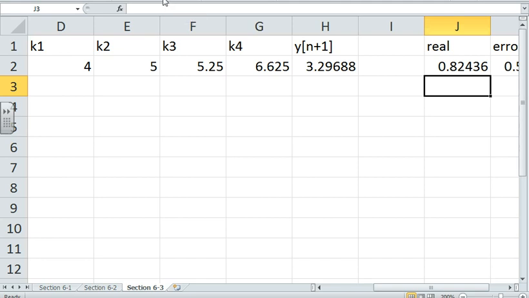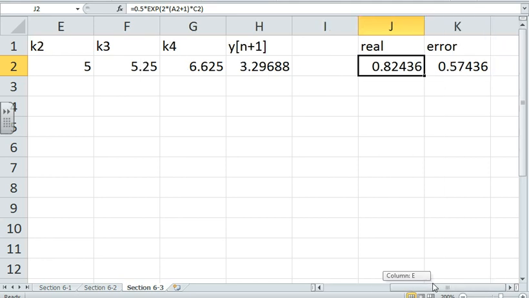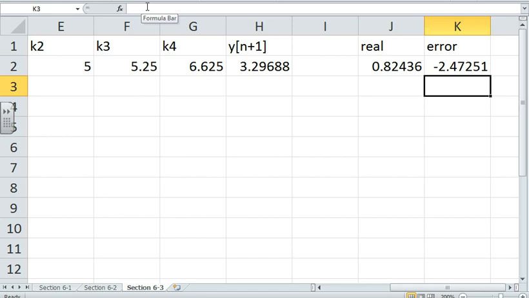That looks particularly awesomely wrong, doesn't it? This should be J2 minus C2 minus H2. Oh, that doesn't look good, does it?